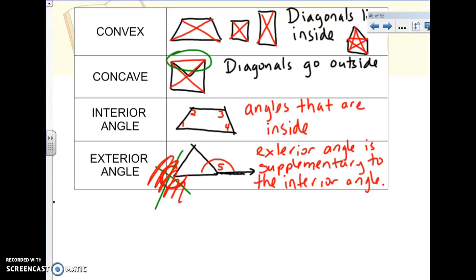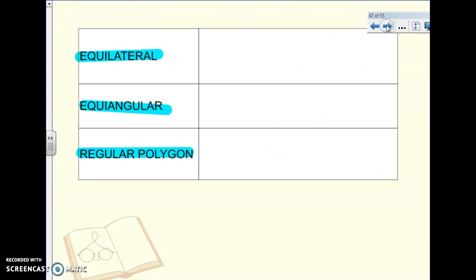All right, so I hope that kind of gets you started on a good path with polygons, some of the basic vocabulary with that. There's these other words too real quick that we could talk about: equilateral, equiangular, and a regular polygon. Or you can just stop me now if you've had enough and you can look those up.